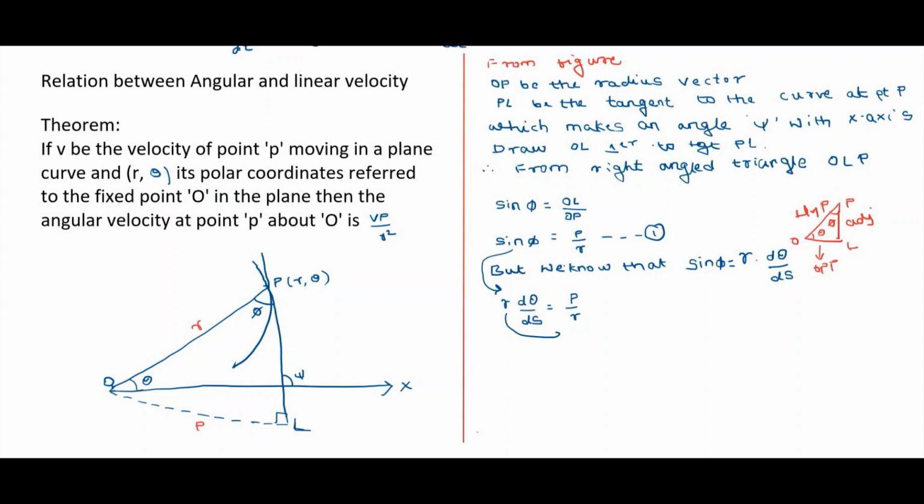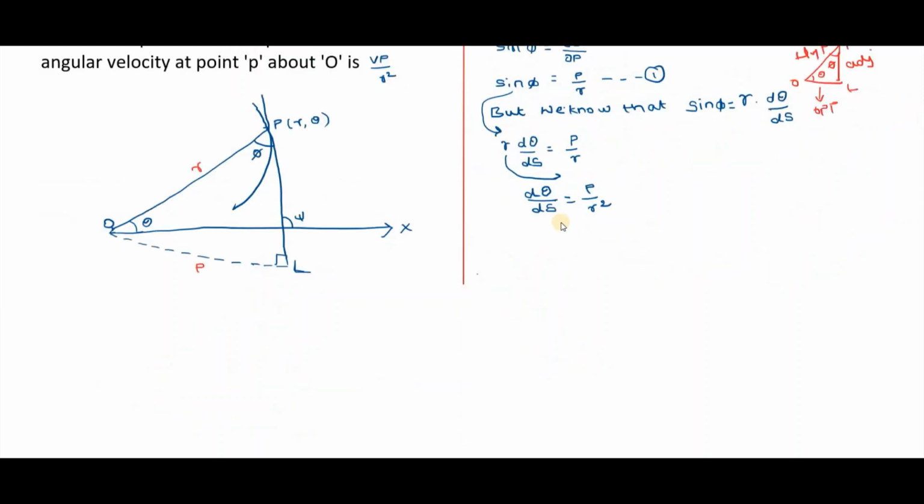Transposing r to the right hand side, d theta by ds is equal to p divided by r square. Now, what is angular velocity? Angular velocity is given by theta dot. In this theorem, we have to prove that the angular velocity is equal to Vp divided by r square.